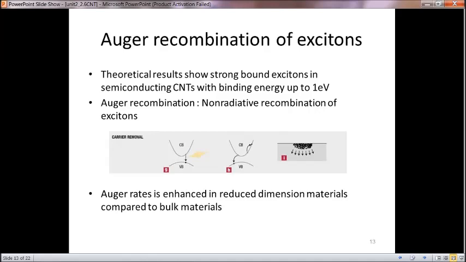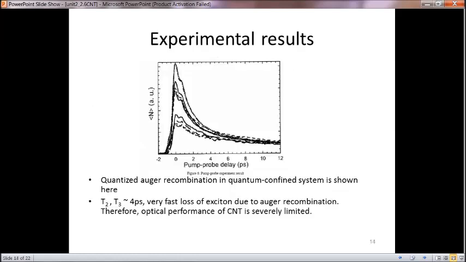So the experimental result shows the pump-probe delay versus the number of Auger elements. So the quantized Auger recombination in a quantum confined system is shown over here. Over different temperatures also, the time period has been taken. It is a very fast loss of exciton due to Auger recombination.